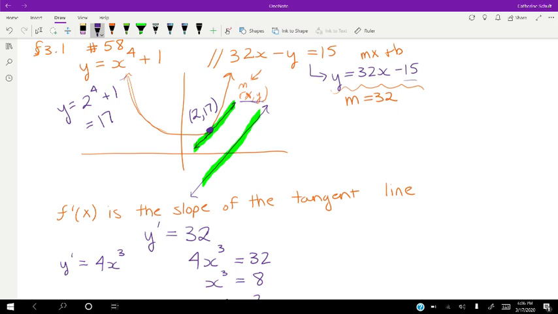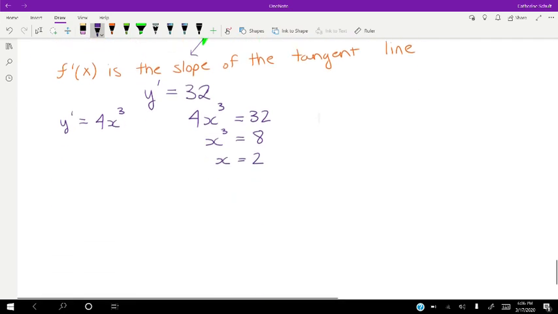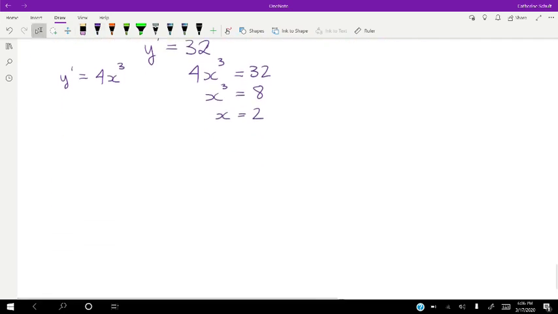That was a long process. So what do we have now? We have a slope, it's 32, and now we have a point, (2, 17). So now we get to write the equation of the line. All right, so again, slope is 32, and our point is (2, 17).